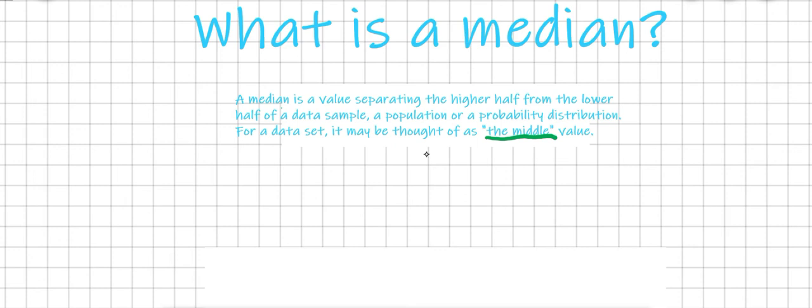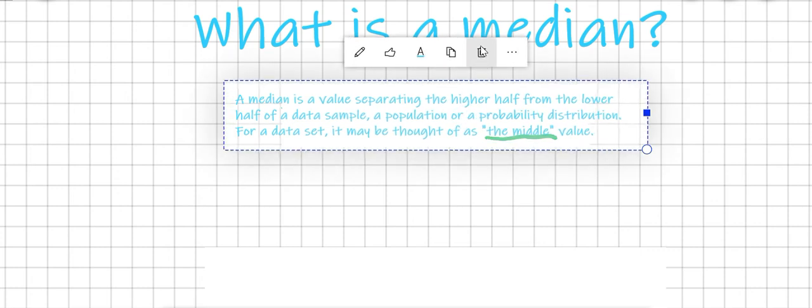You can find a median, or you can also find a mode and a range, but in this video we'll be focusing on a median. So it's important because a median would be one way of telling us a number that kind of describes all of the numbers in a data set.